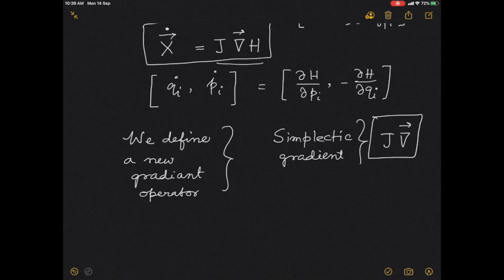The way I can define a dot product now is this: the gradient of a scalar gives you a vector, right?